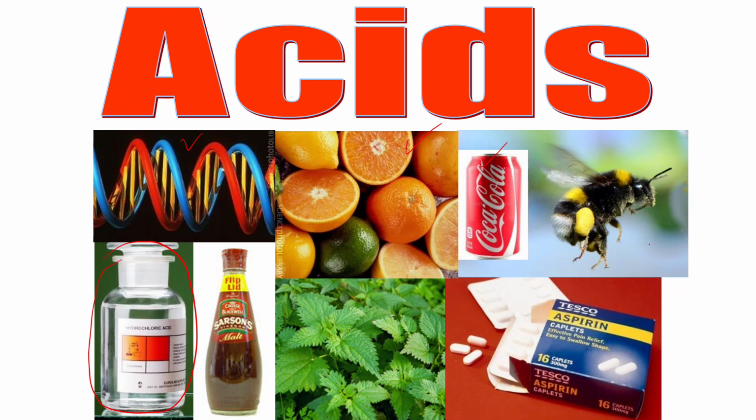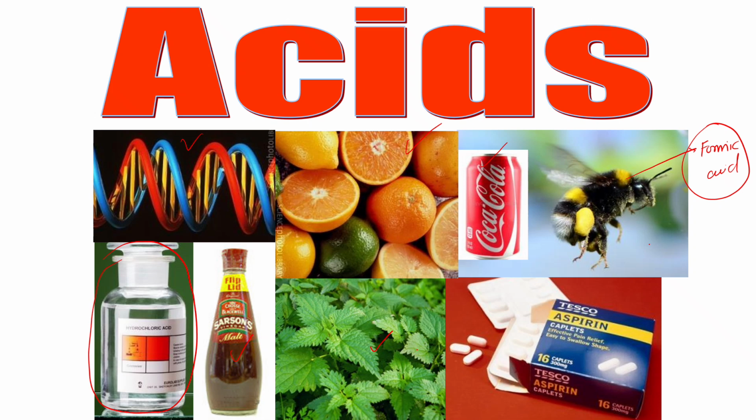You know that bee stings because they contain an acid called formic acid, which is also found in the sting of red ants. Substances such as malt contain some organic acids like pyruvic acid and malic acid. The nettle leaves also sting because they contain formic acid, the same that's present in the bee sting.